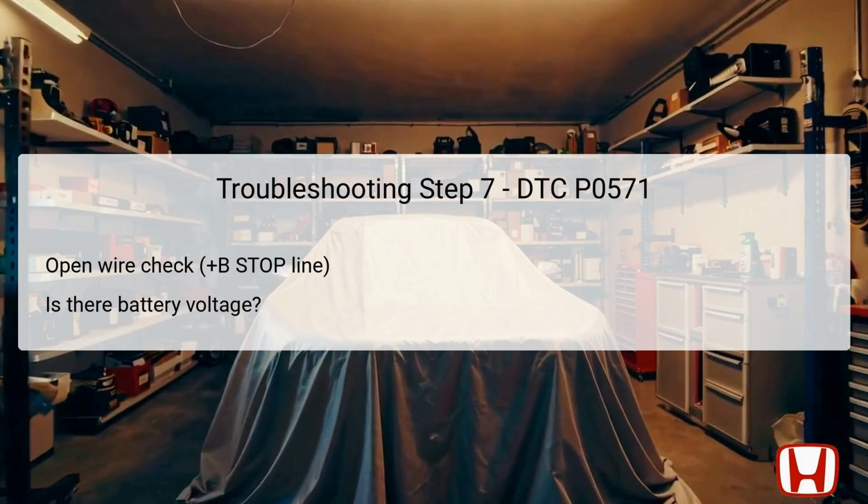Conversely, if voltage is lacking, an open circuit within this wiring is indicated, which would require tracing and repair to restore functionality. Identifying the status of the +B stop wire is crucial for diagnosing potential electronic failures in the circuit, ensuring all connections and components are functioning properly.